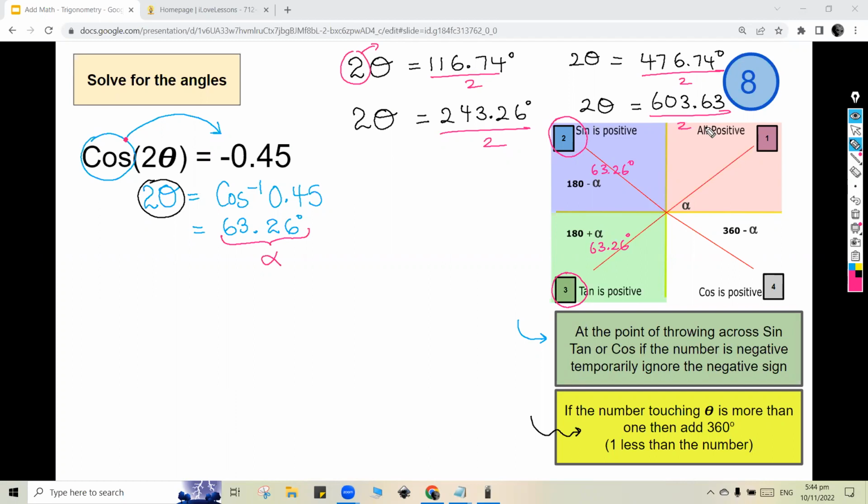But you have to add the 360 once before you do the final part of the question, which is divide by 2. So when you divide this, you'll get your final answers. You can probably call the final answers theta 1, theta 2, theta 3, theta 4.